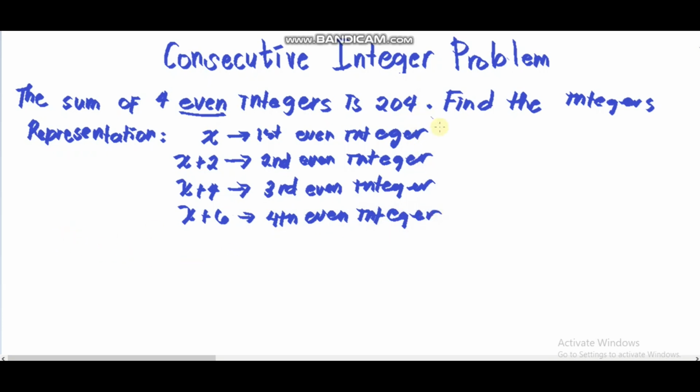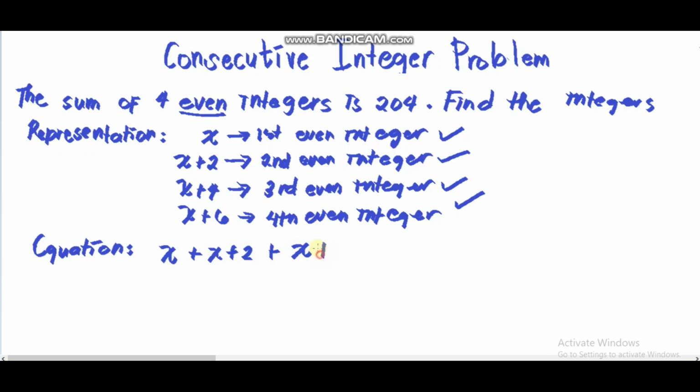So we're done with representation. Let's proceed to the equation. For our equation, the sum of 4 even integers: we're just going to add your first, your second, your third, and obviously the last. And the sum is 204.